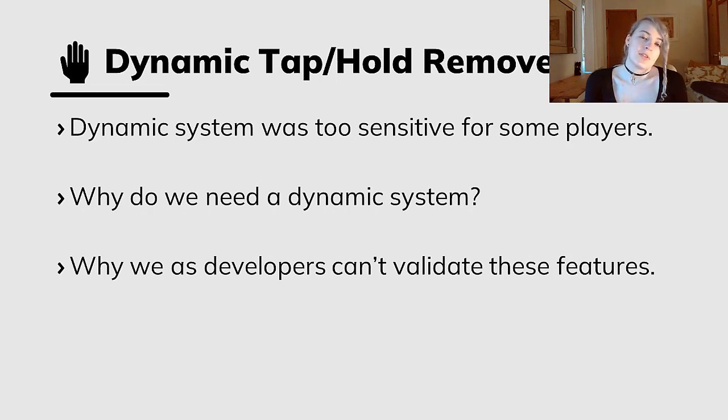We did discuss a few things, like having a slider for how sensitive the tap would be, but then it raised the question of, why do we need a dynamic system? Why do we actually need to hold this control down? We, as developers, were familiar with that behavior because it was what we were used to, but realistically, we didn't need it to do that, and a first-time player isn't going to know the various iterations of the game that have happened before.